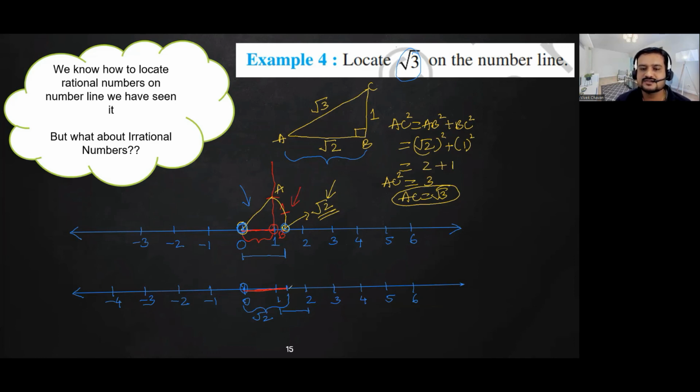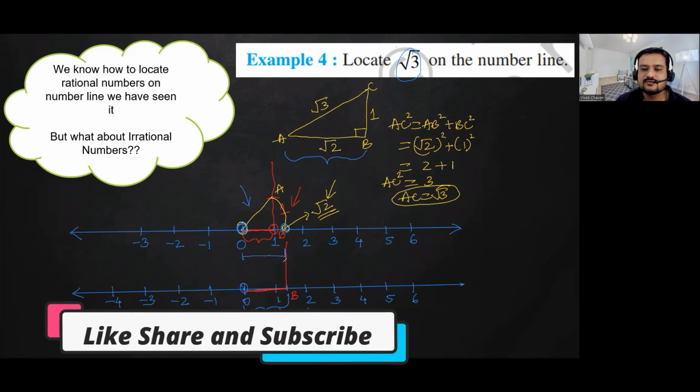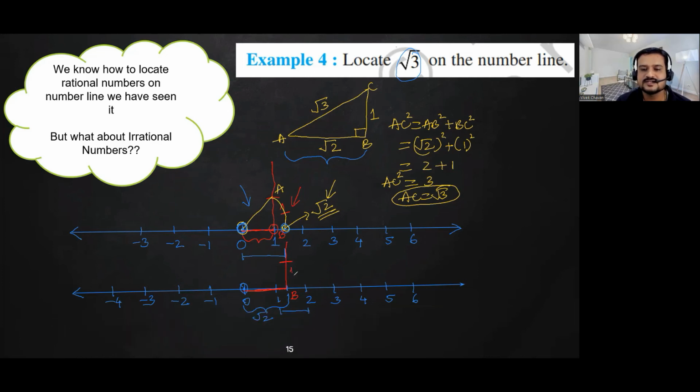Okay. Next, what you will do: from this point, suppose this is your point B, from point B draw a perpendicular. Then you will take the distance of 1 centimeter on this perpendicular and draw a chop like this. This distance is 1 centimeter. This AB distance is 1.